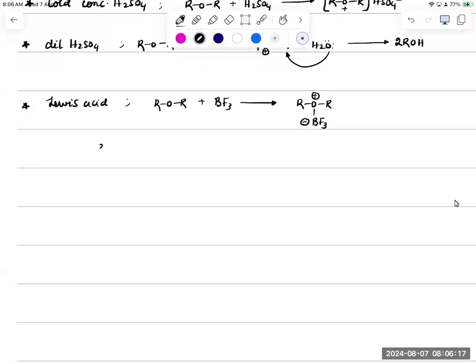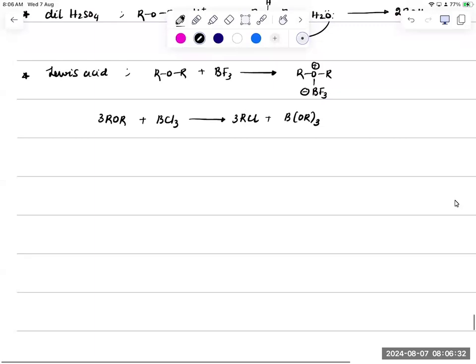On this note, if you have 3 moles of ROR and I add BCl3, I'll get RCl, 3 moles, and boron with OR thrice. And ROR with PCl5 or PCl3, that logic will also work. So 2 moles of RCl plus POCl3.